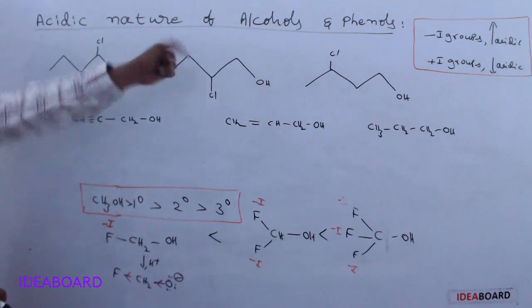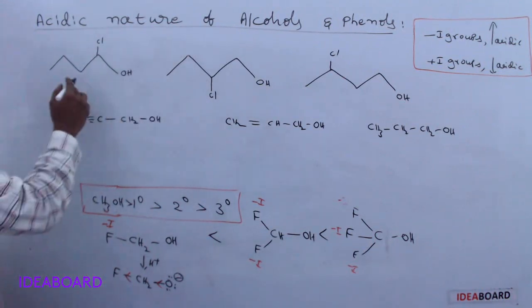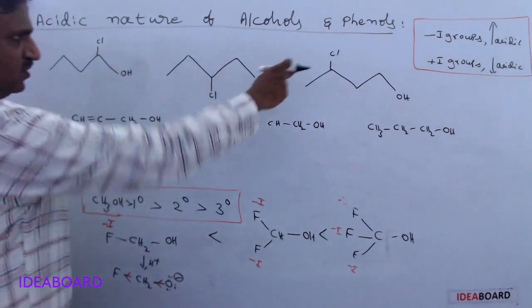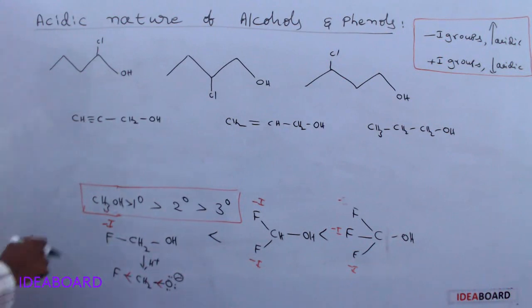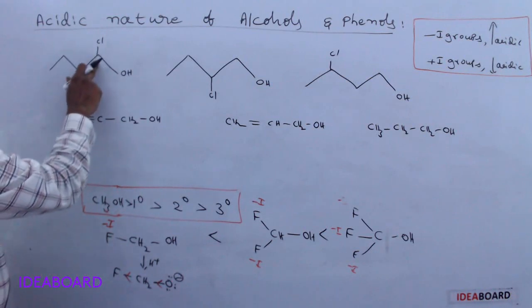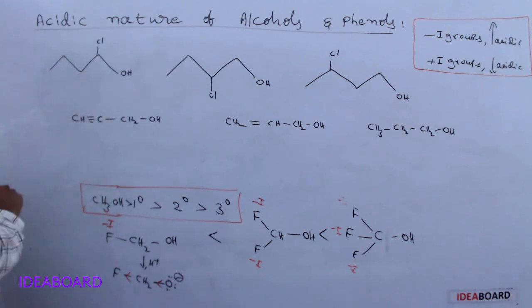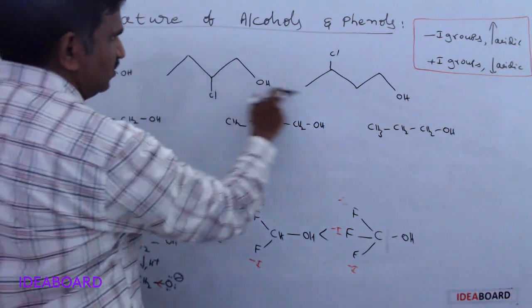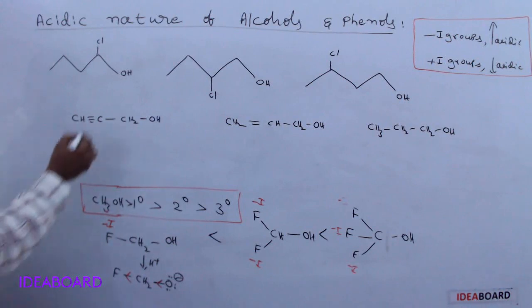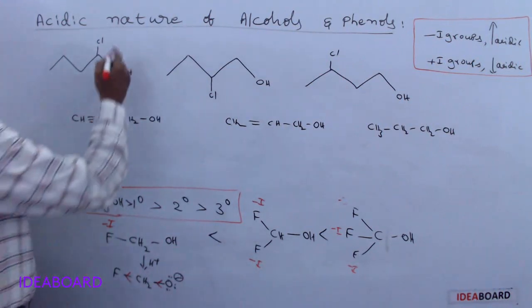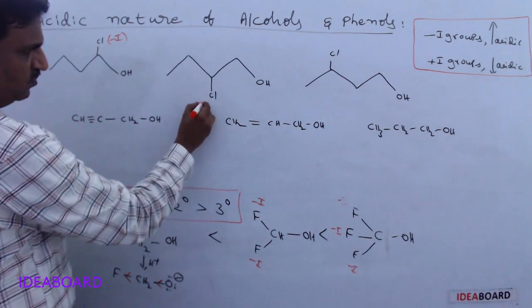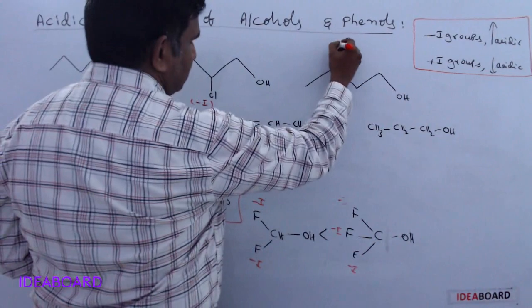Observe these three compounds and tell me which one is more acidic in nature. This is a four-carbon chain: 1-chloro-1-butanol, 2-chloro-1-butanol, 3-chloro-1-butanol. Each has a chlorine atom, and we already said chlorine is a minus I group.